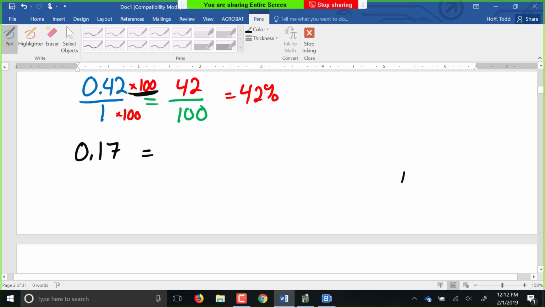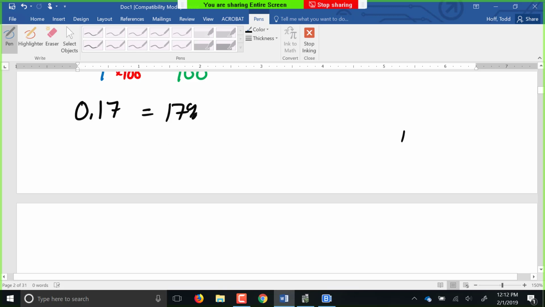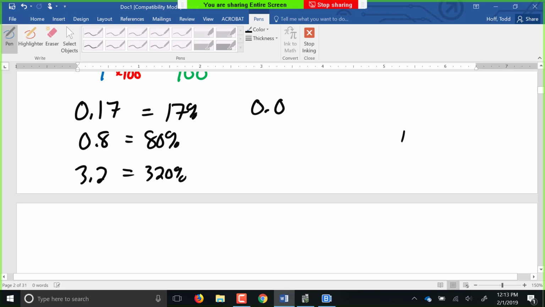So 0.17 as a decimal becomes what as a percent? 17%. Perfect. 0.8 as a decimal becomes 80%. 3.2 as a decimal becomes 320%. 0.063 as a decimal becomes 6.3%.